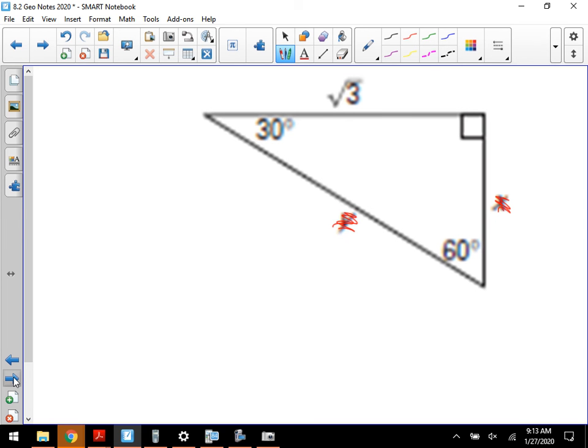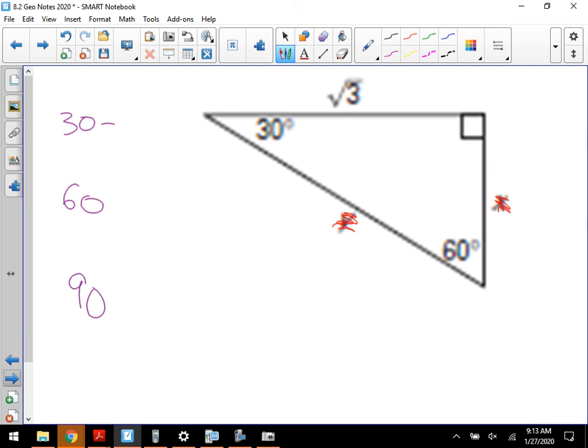All right, again, go back to this one here. Is it a 30, 60, 90 or 45, 45, 90? 30, 60, okay. So again, we write it out. Fill in our blanks.